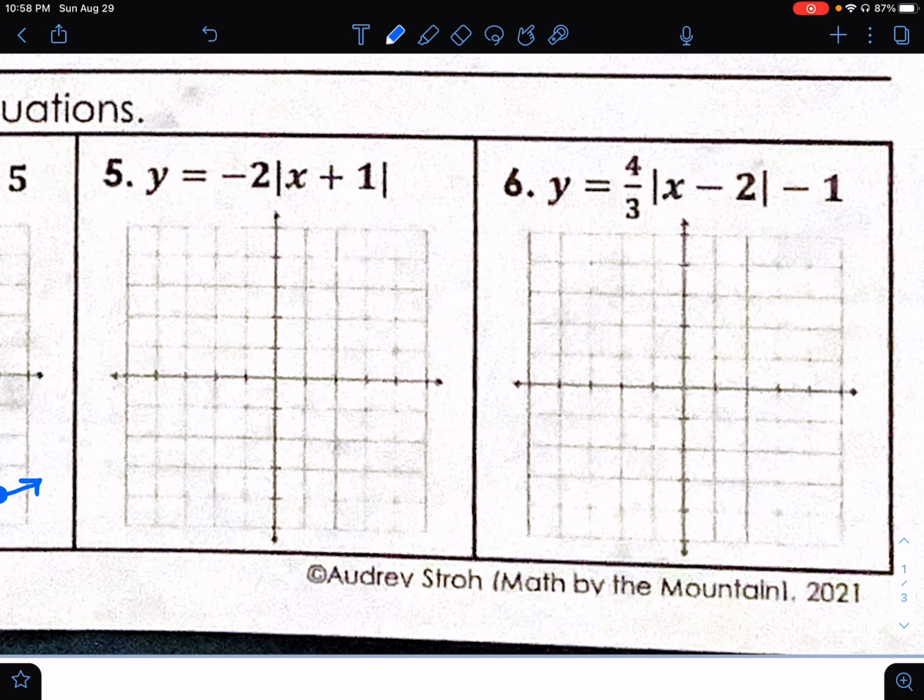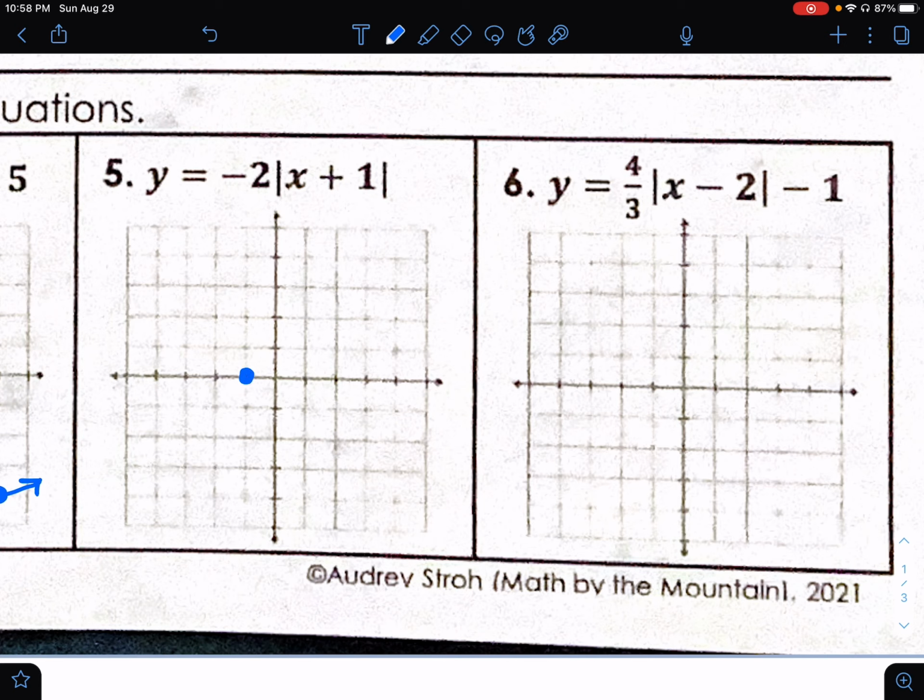Okay, on these last 2, I would like you to actually stop the video, try and do it yourself. Okay, so then on number 5, you should have, it's reflected over the x-axis, the slope has turned to 2, and it is horizontally shifted to the left 1.